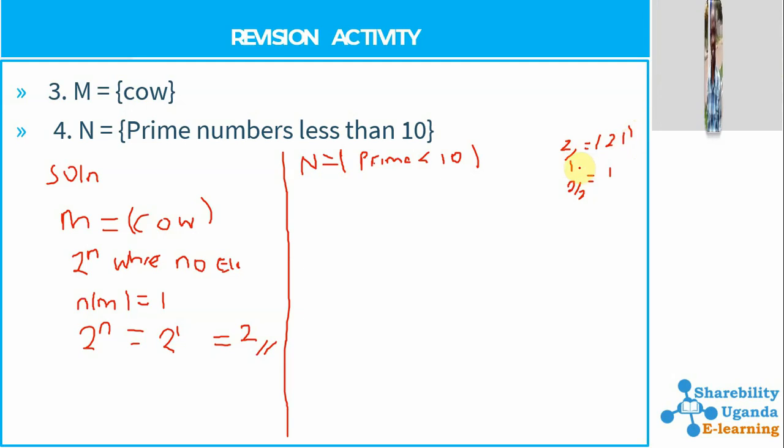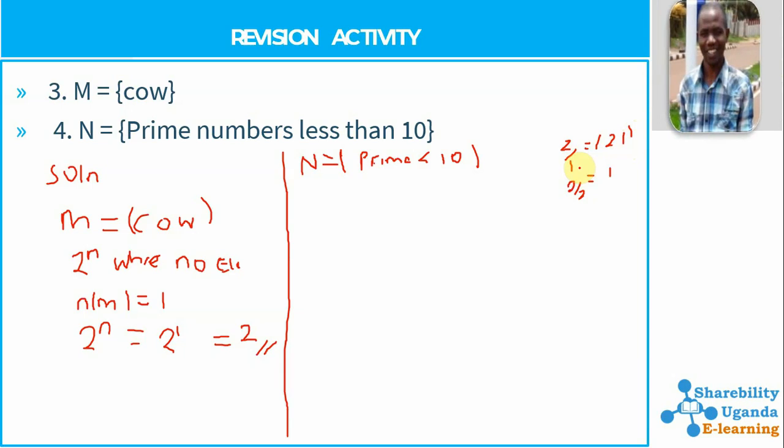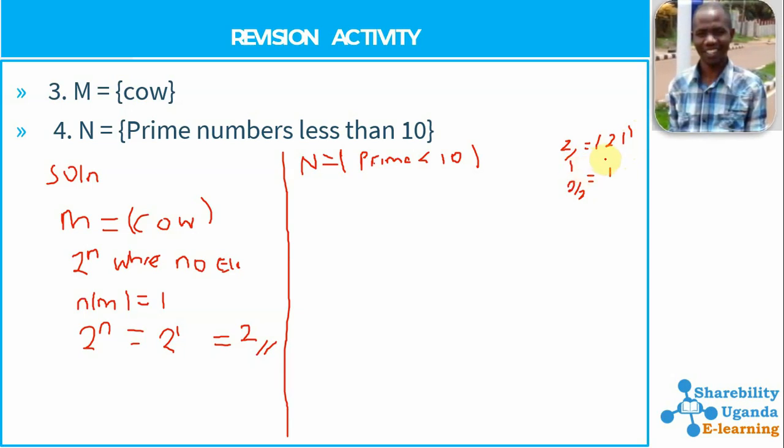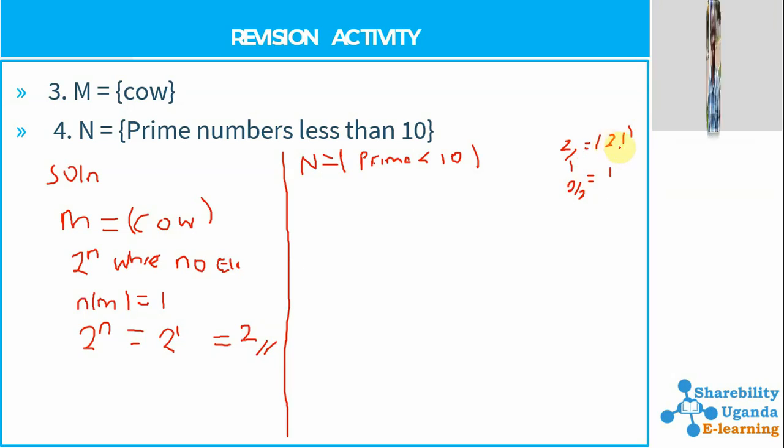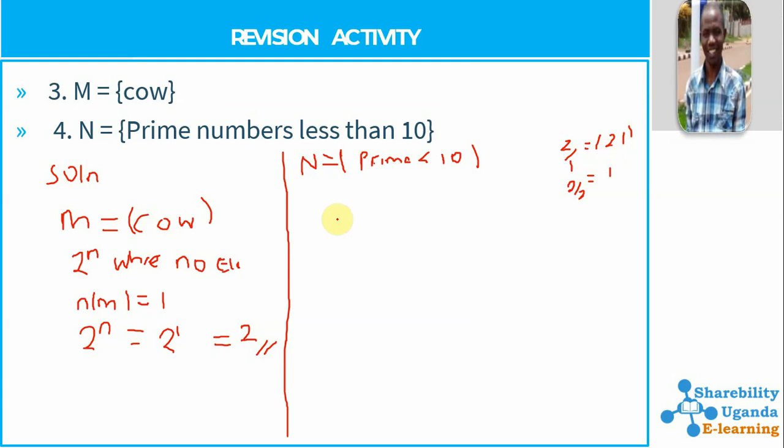Do we still have any number that we can divide 2 by and get a whole number? It is not there. So 2 has factors 2 and 1, that is, 1 and itself. So our 2 qualifies to be a prime number.